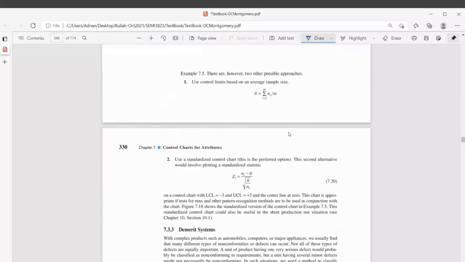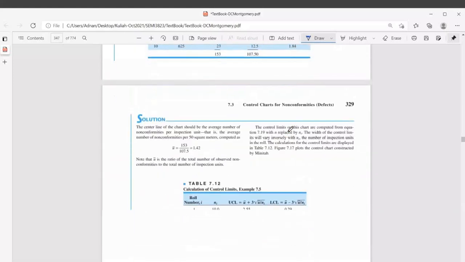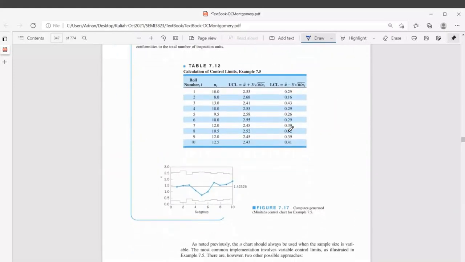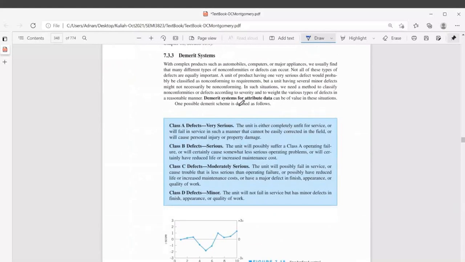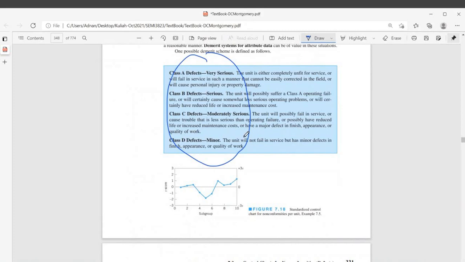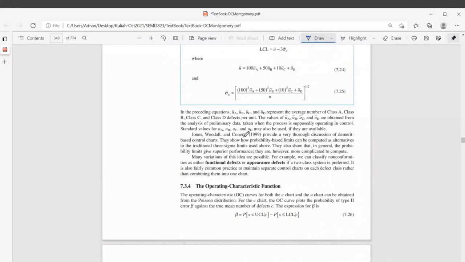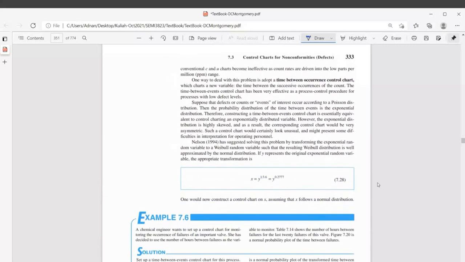Demerit is a bit confusing, but if you understand the others like the U chart and C chart, the demerit system should be easy then. We classify the defects into different categories: serious, very serious, minor. Some textbooks use critical, major, and minor. So we can classify that in terms of the demerit control chart. I think that's all for today.